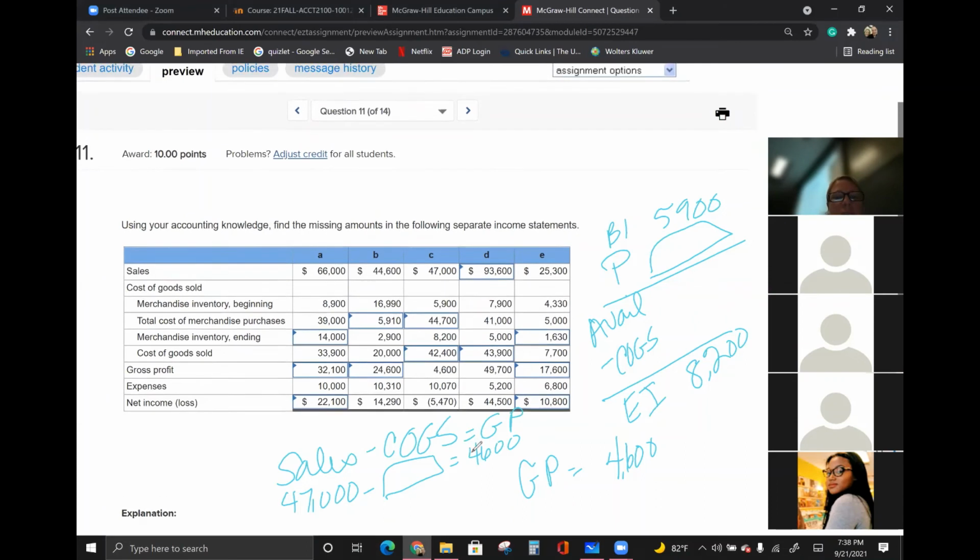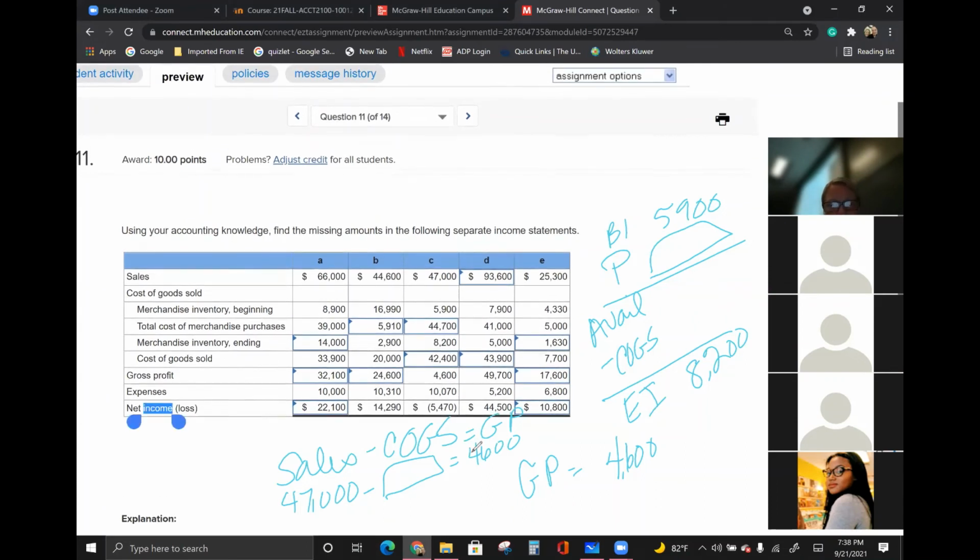So the 47 less the 4,600. Is that what it was? 4,600 is my gross profit. So 42.4. Okay, so now I calculated my cost of goods sold and I can put this in over here.